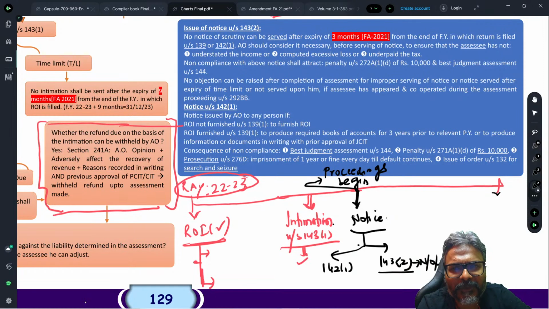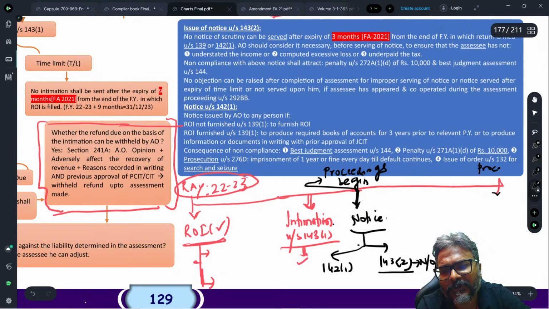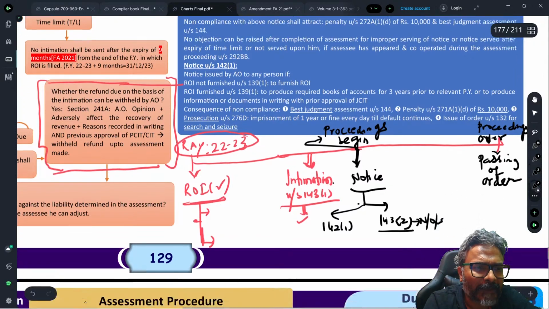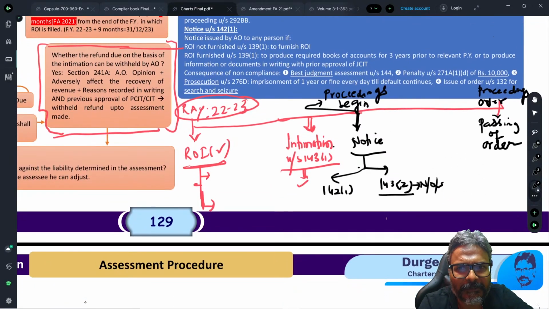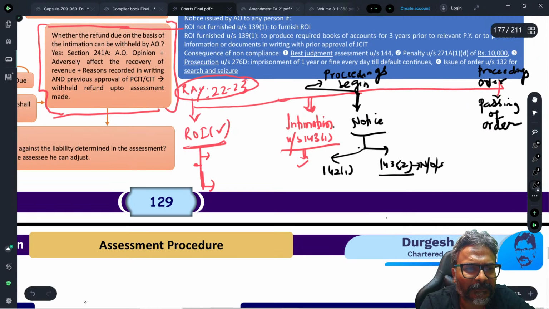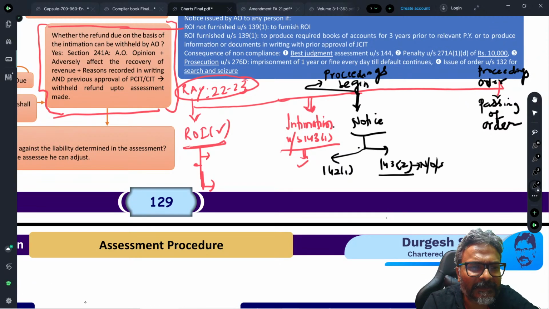And how is the proceeding over? The proceeding is over on the passing of the order. The moment the order has been passed, the passing of the order will complete the proceedings. Do you know under which section the order will be passed in this regard?